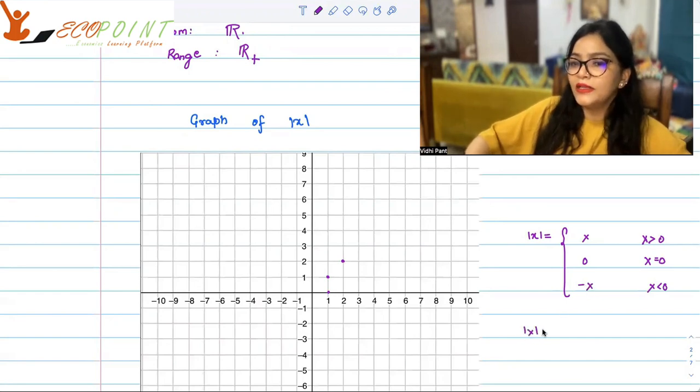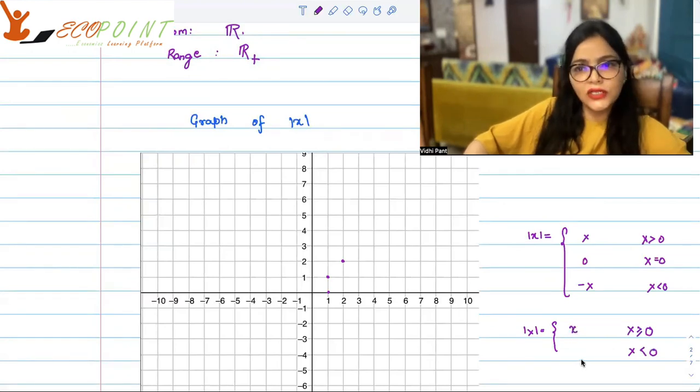That is why many a times modulus function is, instead of giving these 3 pieces, taken as just 2 pieces, and we take the distinction between greater than or equal to and strictly less than. So when x is greater than or equal to 0, it's just going to be x.